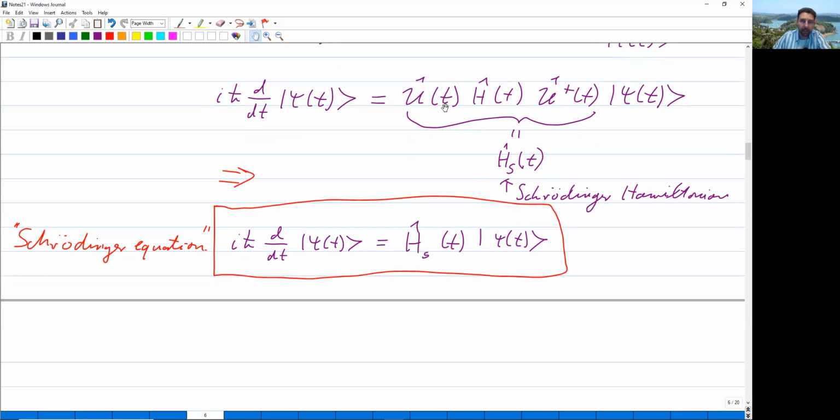This funny Schrödinger Hamiltonian is not the same thing. What is it? Can we tell what the Schrödinger Hamiltonian is without having to calculate the time evolution operator? In fact, we can.